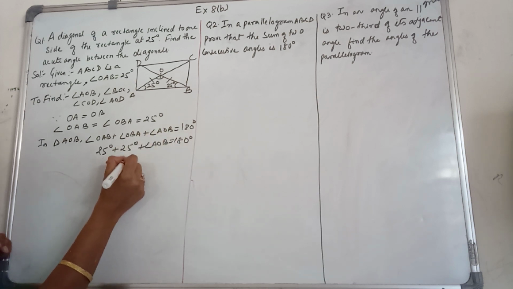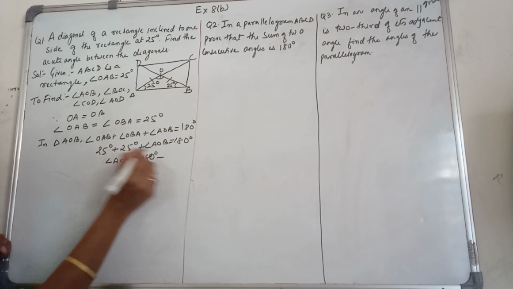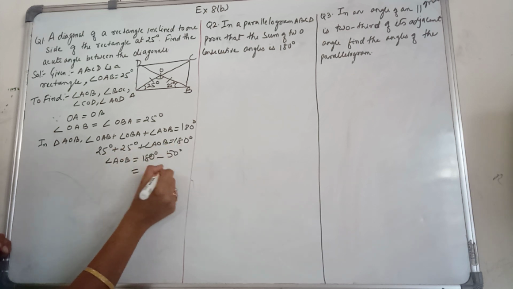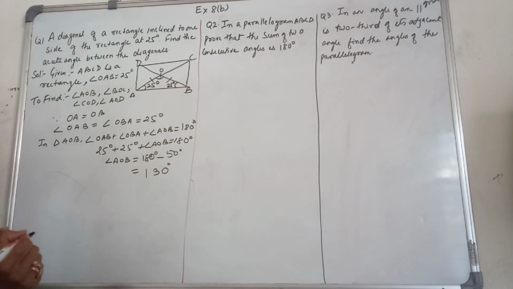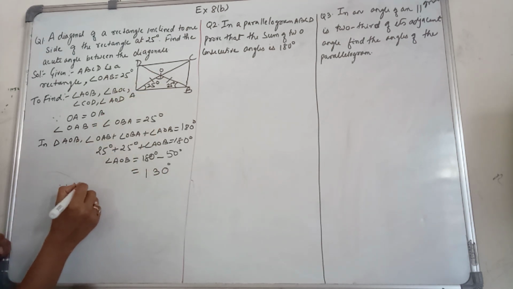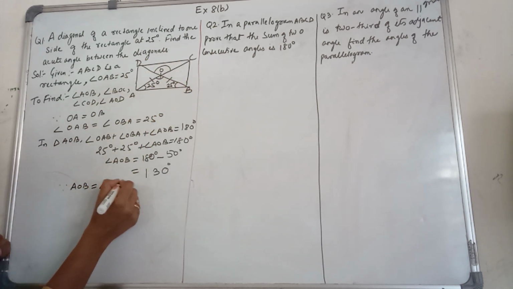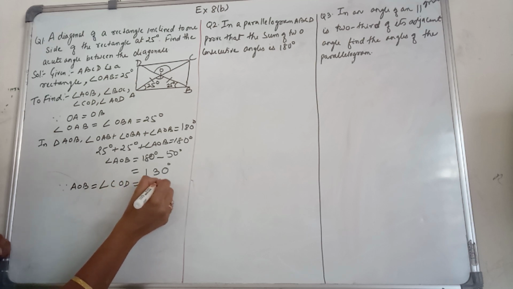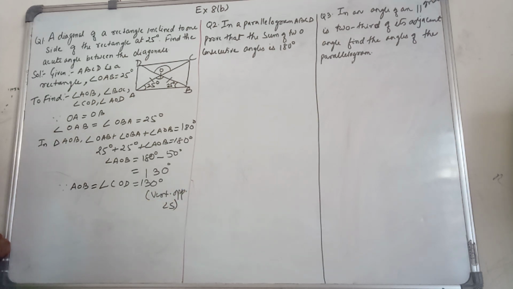So angle AOB is equal to 180 degree minus 50 degree, which is 130 degree. Now angle AOB is equal to what? Yes, angle COD, which is equal to 130 degree. These are vertically opposite angles. So we got two acute angles, angle AOB and angle COD.